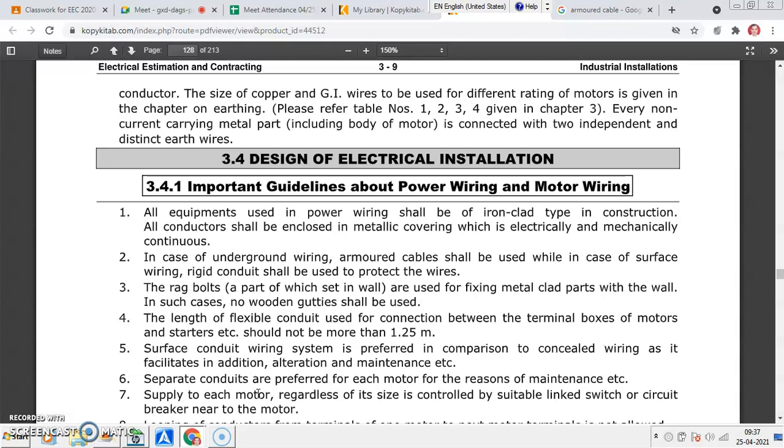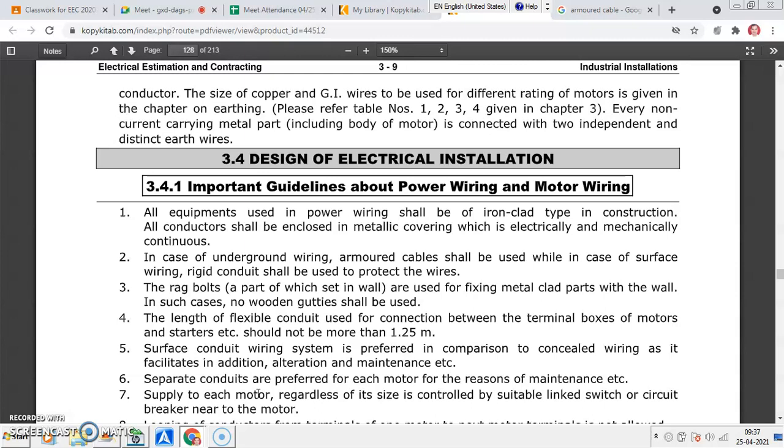Concealed wiring is very good, but for power wiring, as far as the reliability and continuity of supply in the industry is concerned, compared to residential, if you have a failure in an industrial circuit or installation, it leads to huge loss. So if it leads to huge loss, easy maintenance and early detection of fault is very important. So surface conduit is preferred over concealed.